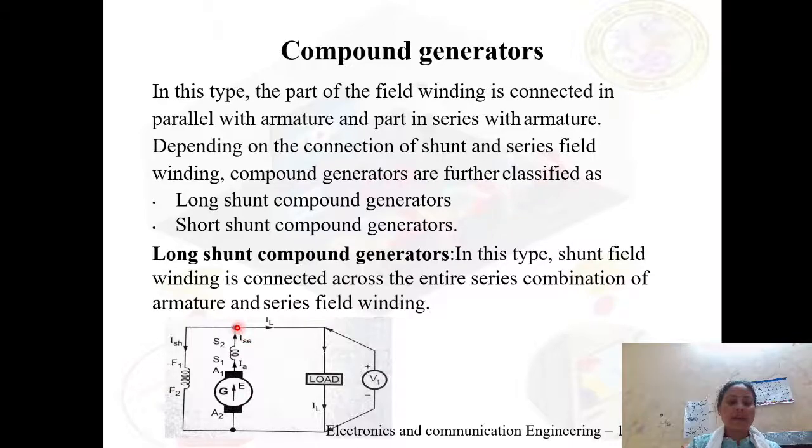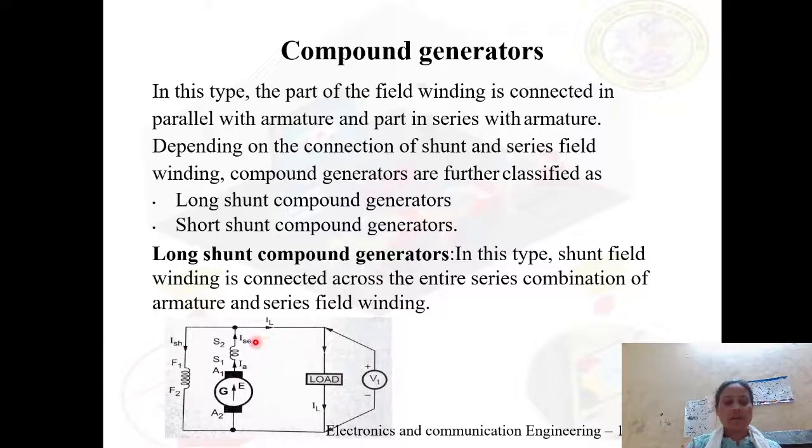Okay, and at this point the current should be divided because there is a node over here. So ISE or Ia will be divided as IL and ISH. I repeat, ISE at this nodal point will be divided as IL and ISH.